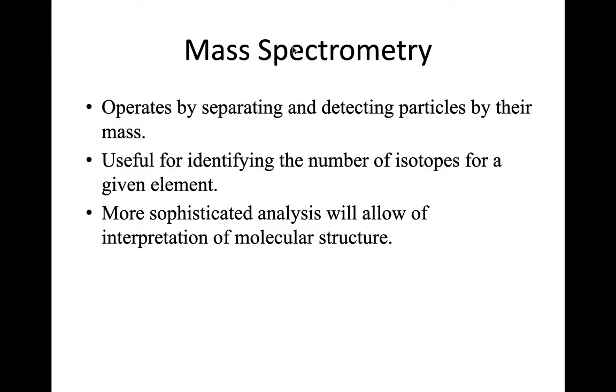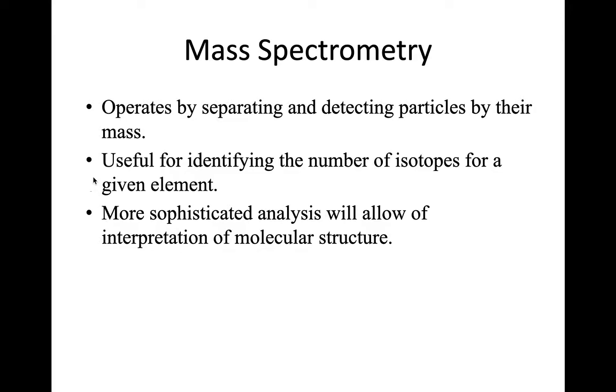Any spectrometry experiment is some sort of separation, and in this case it's by mass. And so you will largely see this when we are trying to determine the mass and number of isotopes for an element, and I'll show you why in a second.